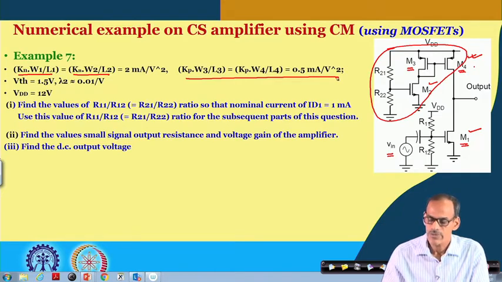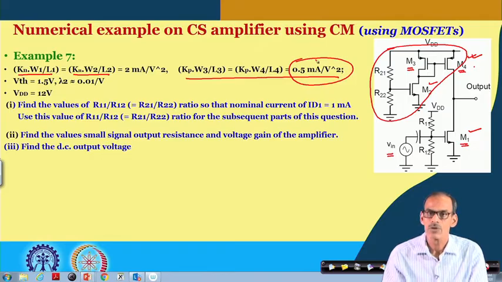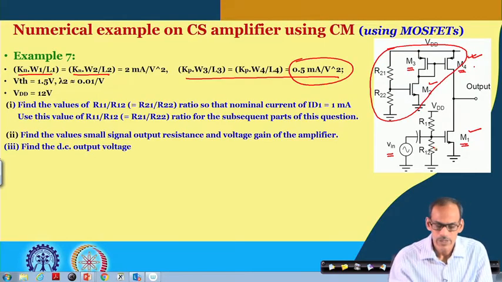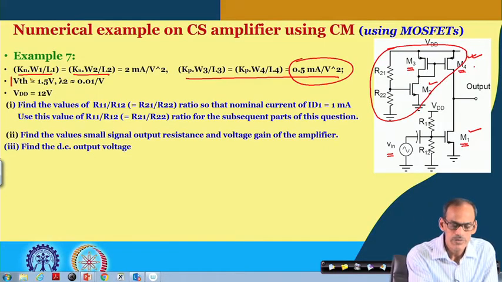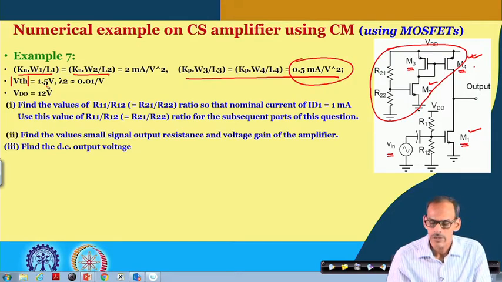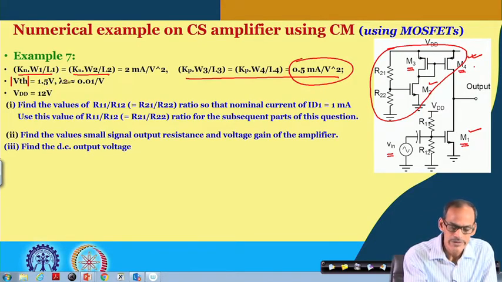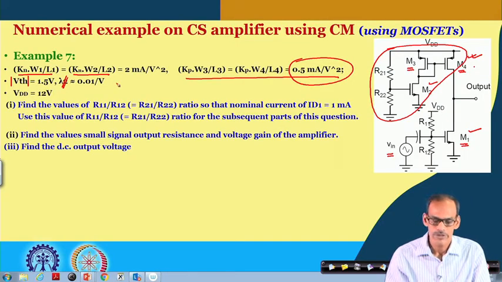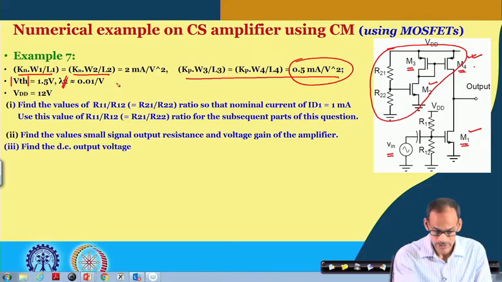Transistor 3 and transistor 4, both of them have this factor equal to 0.5 milliampere per volt square. Let us consider VTH for all the transistors, whether NMOS or PMOS, it is 1.5, and lambda for all the transistors equals 0.01. Supply voltage is 12 volt.